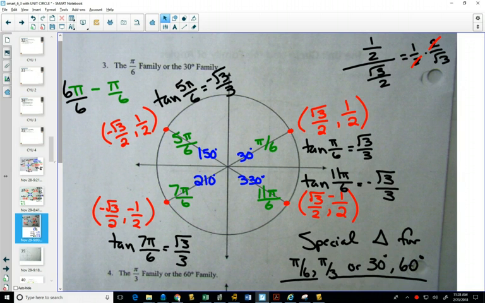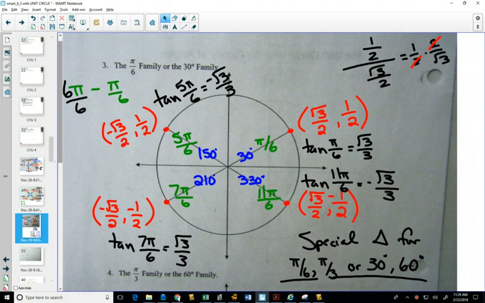We want sine of 7 pi over 6. Now, using your big idea, sine is a coordinate on your unit circle. Is it the x-coordinate or the y-coordinate? Sine is the y-coordinate. It'll be negative 1/2. Sine of 7 pi over 6 is negative 1/2. Perfect.